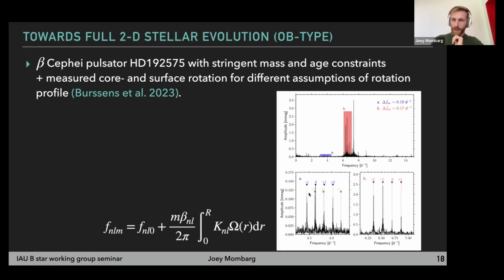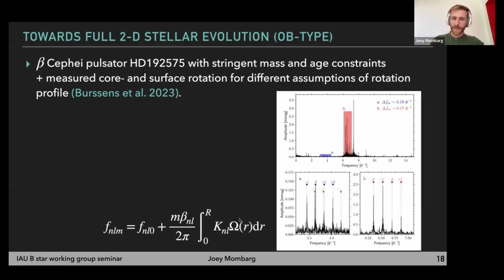From the splitting between these modes, we can derive constraints on the rotation profile. The splitting is set by this integral here, where the rotational kernel K you can get from the models, as well as this beta coefficient. This allows you to put constraints on this omega(r) profile. The star is quite unique in that sense that we have a lot of data to do this.